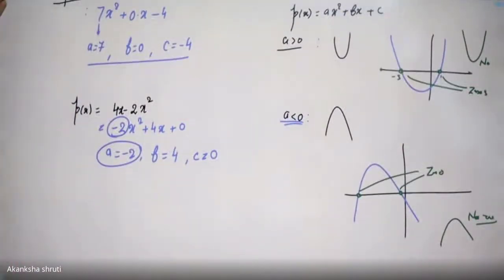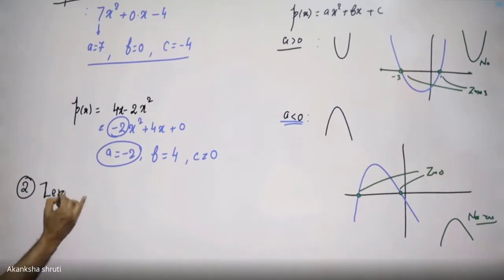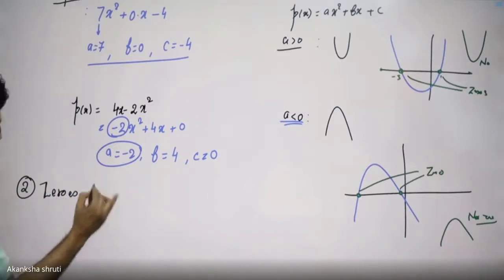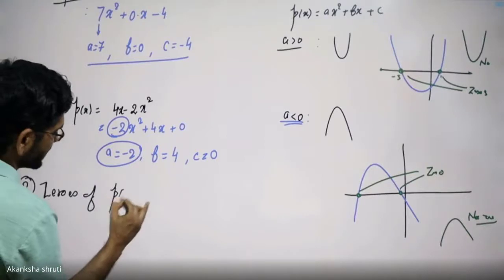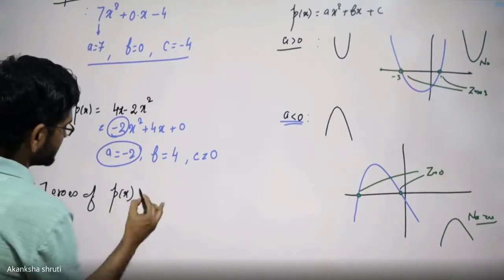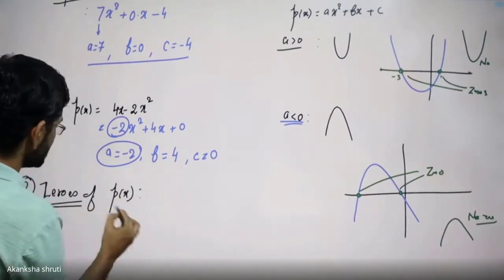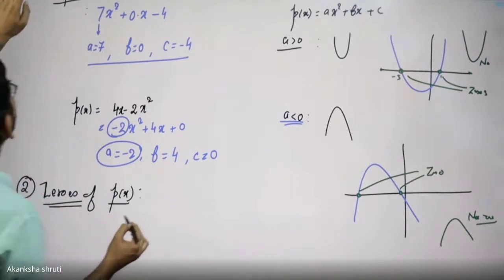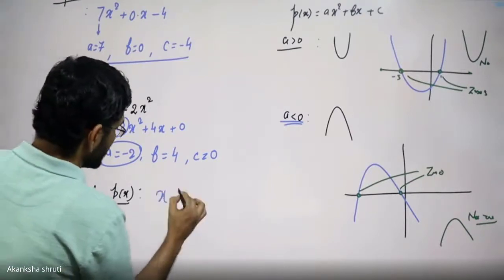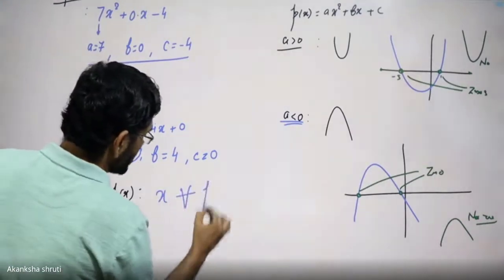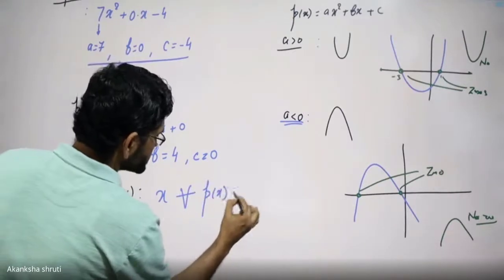Another important thing is the zeros of the polynomial. So write down the second point, zeros of the polynomial p(x). Zeros means the value of x which makes the polynomial equal to 0.